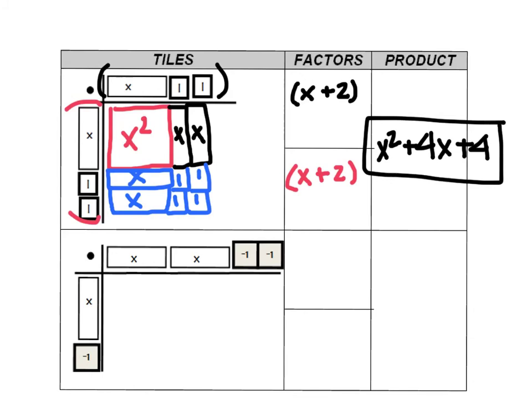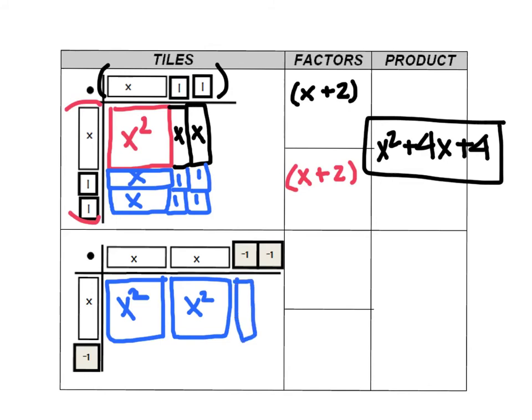Alright, so let's look at the next one. Same exact concept, okay? So I'm going to draw this out. X times x would be x squared. X times x would again be x squared. Negative 1 times x would actually make this a negative x.